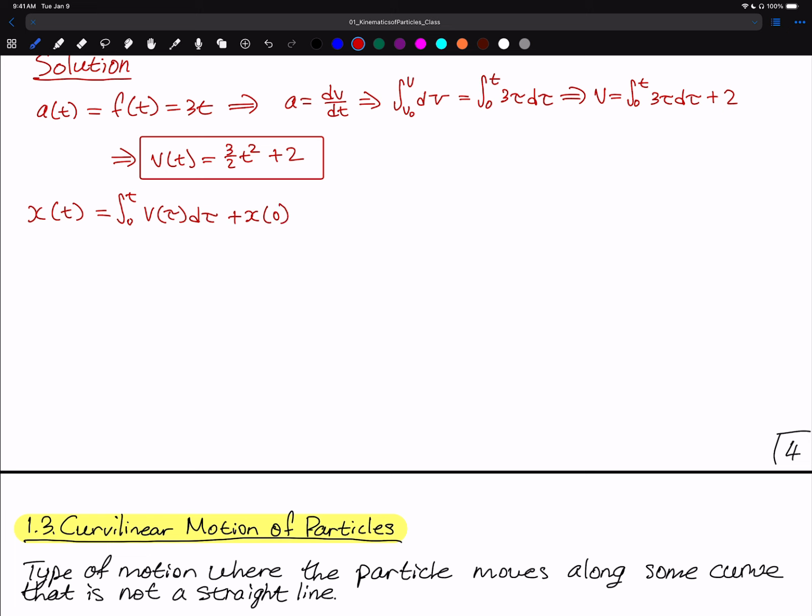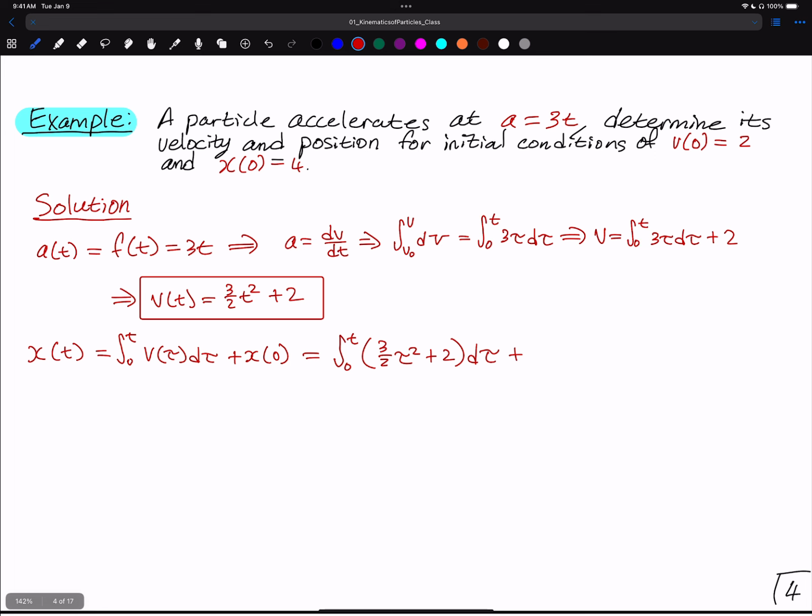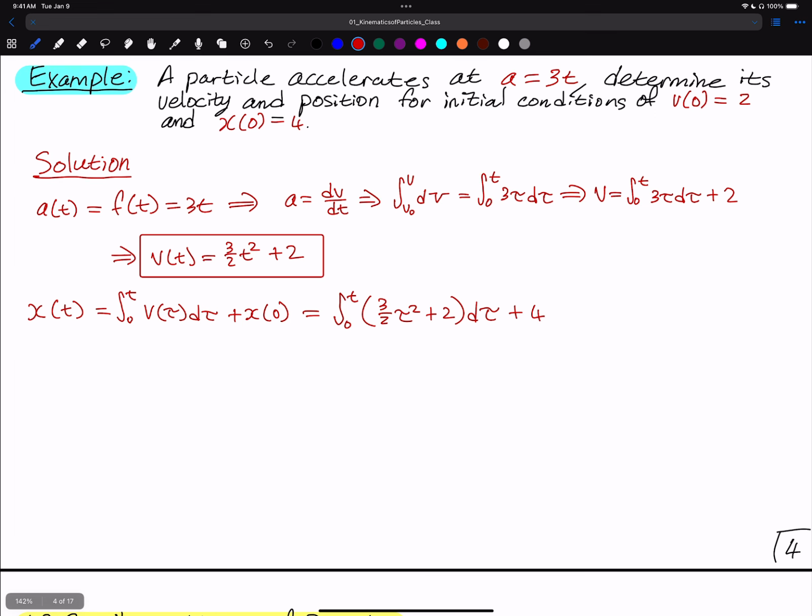You can see that we've already done the integration for the velocity here. We just skipped that step. It's the same as what you've seen previously. So we'll then get the integral from 0 to t of 3 over 2 tau squared, again using a dummy variable, plus 2 d tau, plus our x0, which was 4, so plus 4 here.